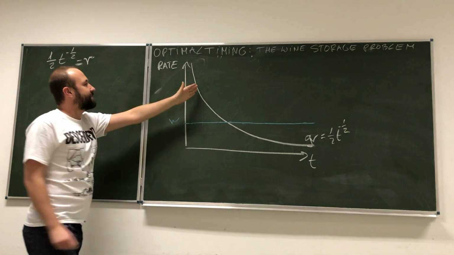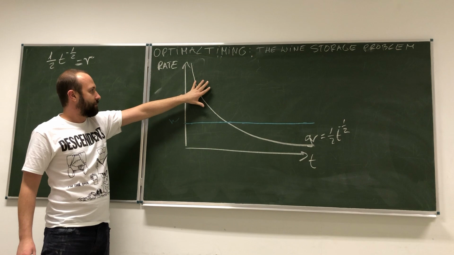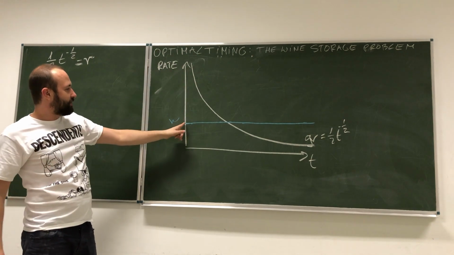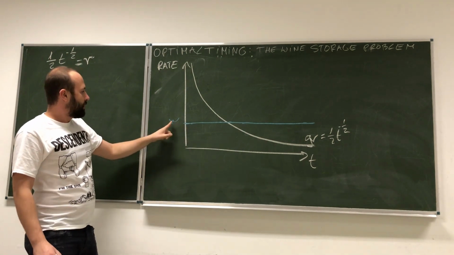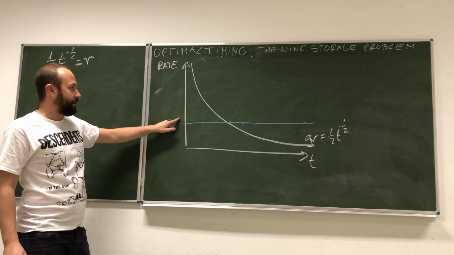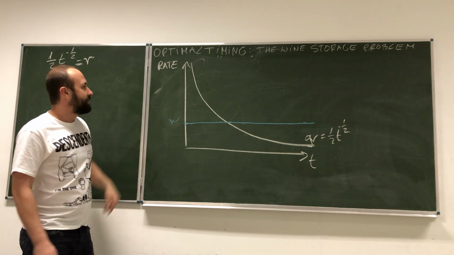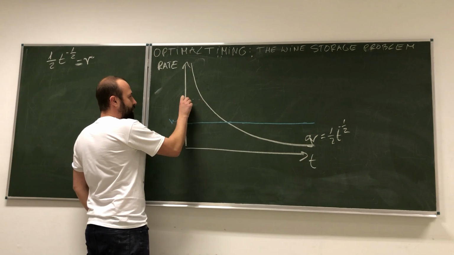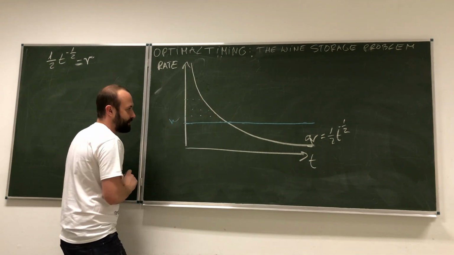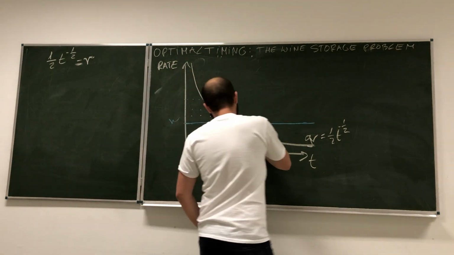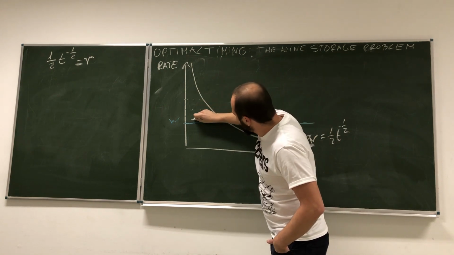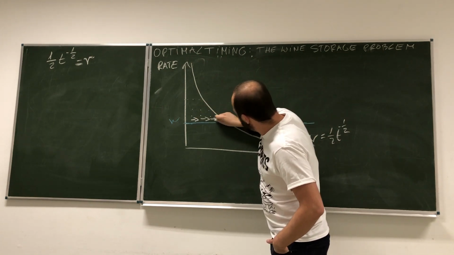Why? Because if I sell the wine, get the money, and put the money into a bank, I'm going to get the interest rate, so my money will grow by this many percent. But if I keep the wine, the value of the wine will grow by this many percent, and by this many percent. So here we should definitely hold the wine.